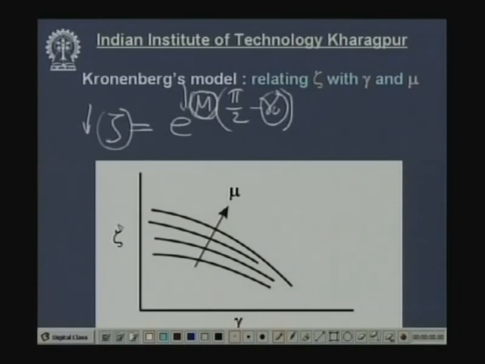Now, graphically, the relation of zeta, chip reduction coefficient, with respect to rake angle and mu are shown here. With the increase in rake angle, this value of zeta decreases, this is desirable, very good. And with the increase in friction, this will rise. So, we should always try to reduce mu or friction by lubrication and so on, so that zeta comes down, that is desirable.